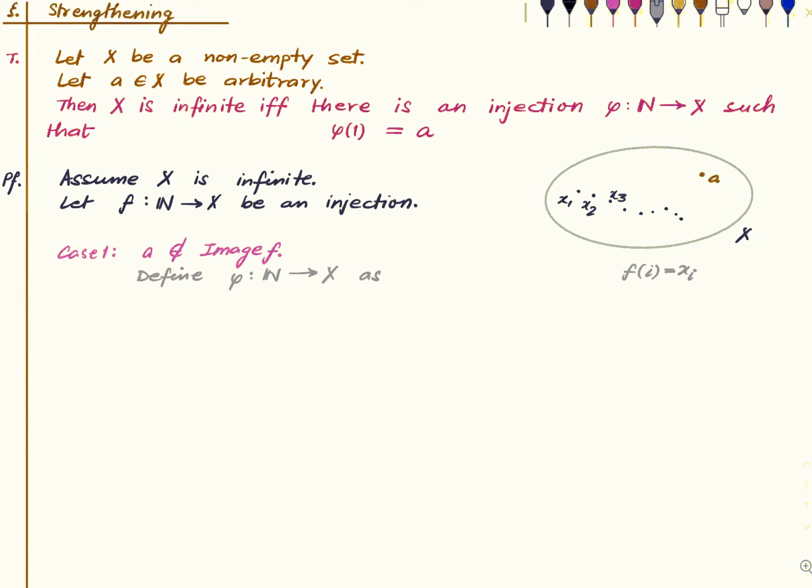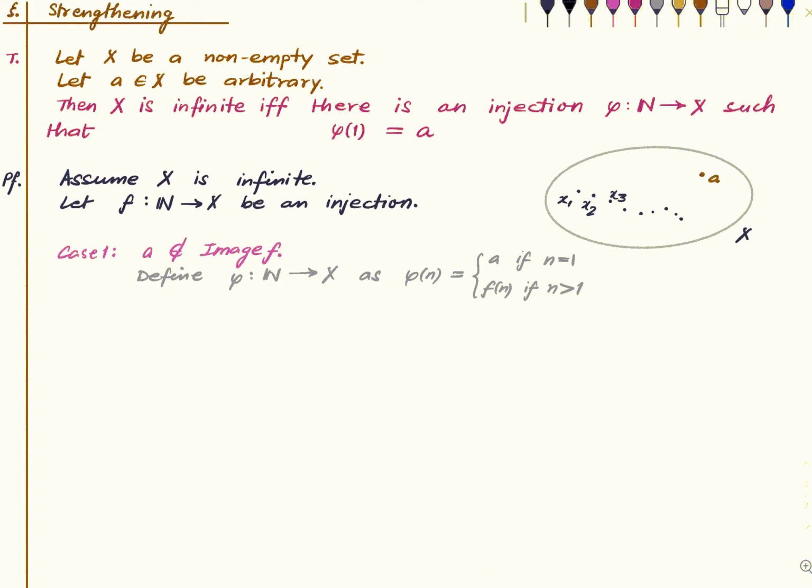I think a very simple modification will do. So phi of n is defined as A if n equals 1 and f of n if n greater than 1. Okay, so that's how we define phi.